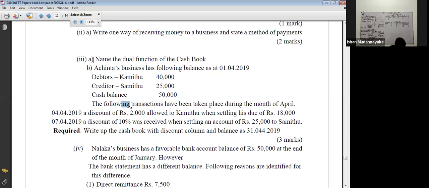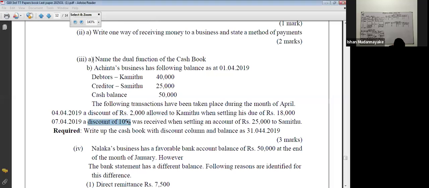The following transactions have taken place during the month of April. 4th April, a discount of 2,000 allowed to Kamitu when settling his due 18,000.